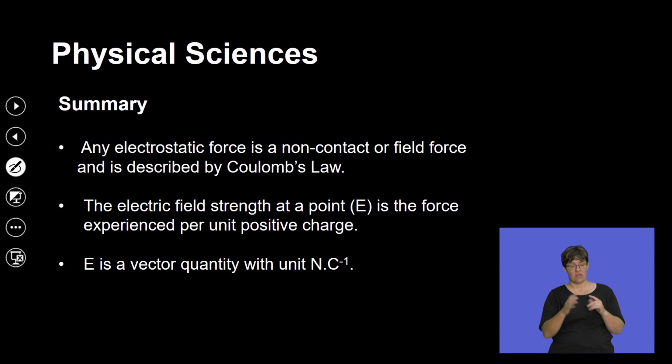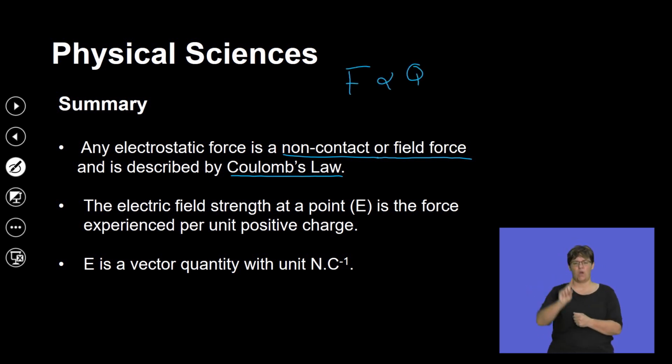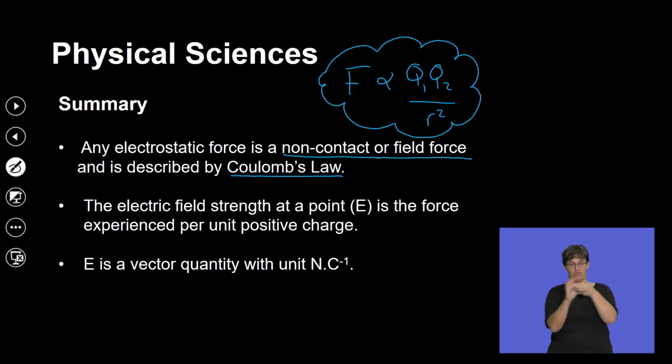And then any electrostatic force is a non-contact, we've emphasized that, or a field force, and is described by Coulomb's law, which talks about the mathematical relationship between the force and the product of the charges, Q1, Q2, as well as the square of the distance. So this is the mathematical representation of the relationship between electrostatic force, product of charges, and the square of the distance.